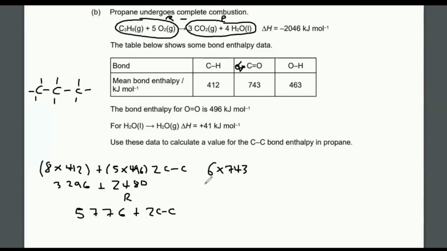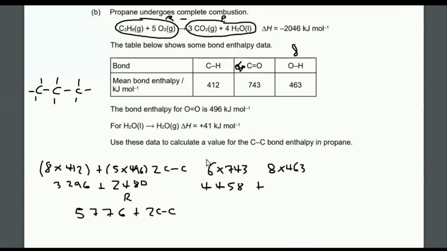So 6 times 743 is 4458. I want to add that to 4 water molecules, which means I'm going to have 8 lots of OH, so add that to 8 times 463.